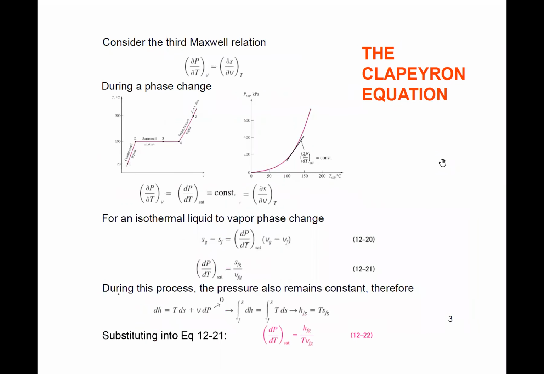And then using specifically one of the Maxwell equations, the third Maxwell equation, and just for a phase change, we derived the Clapeyron equation, okay?